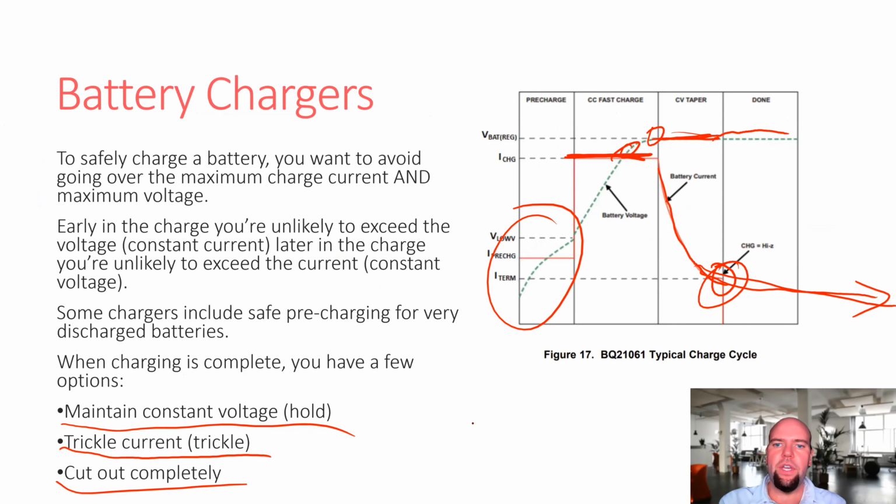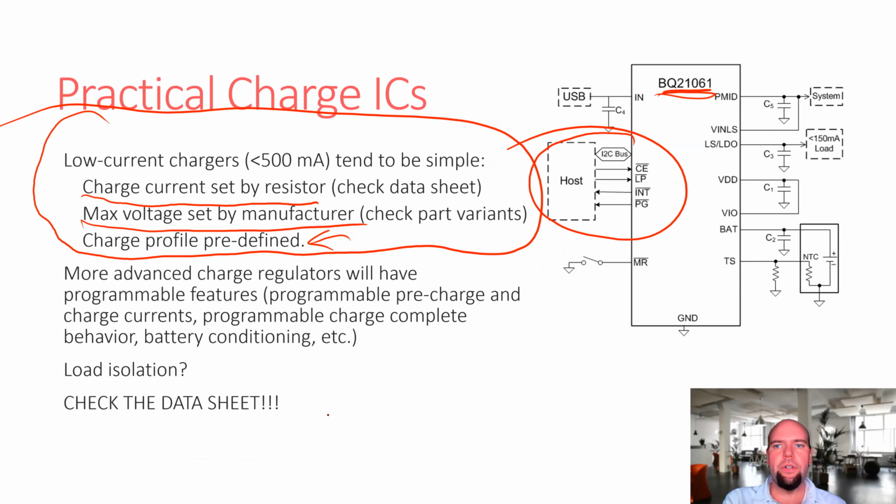So if we go back to here, it lets you program this, this, and this. I don't know if this particular version actually lets you do all of these, but these are the types of things you can normally do with digitally programmable charge controllers. Choosing a resistor value is a programmable charge controller too, but with digital programming, these are the things you can control.